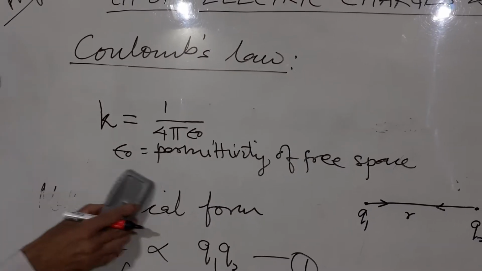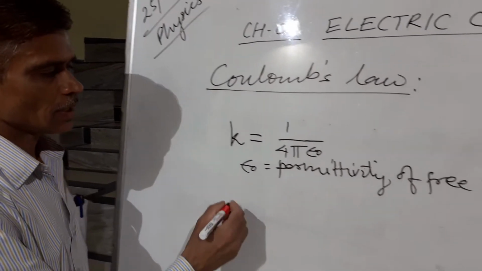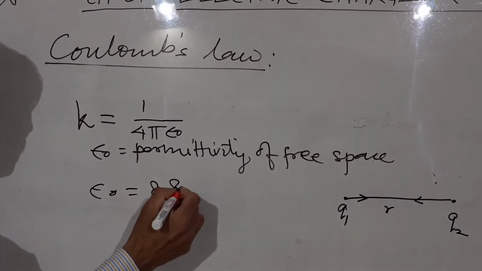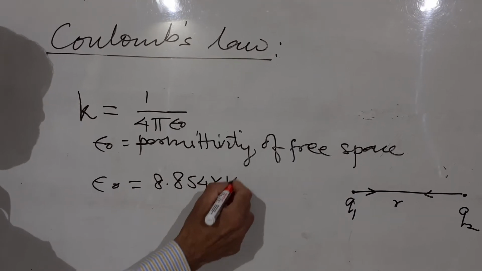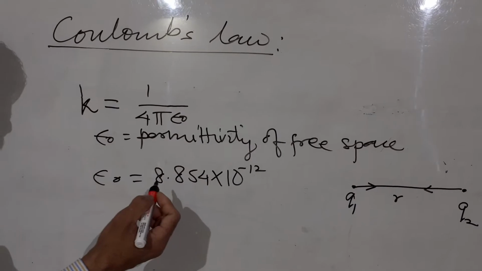Now the value of this permittivity of free space is 8.854 into 10 to the power minus 12. It is a constant, but it has a unit also.